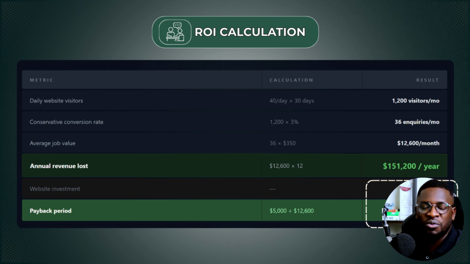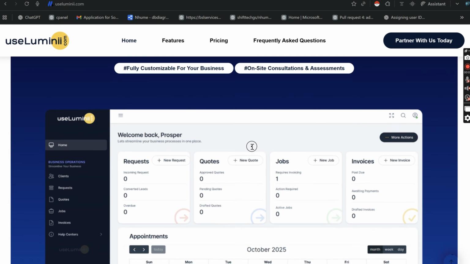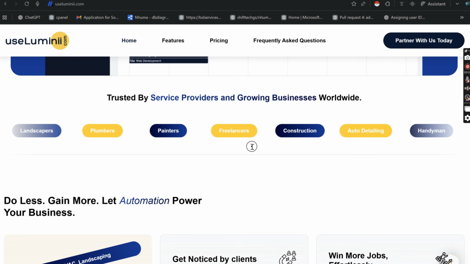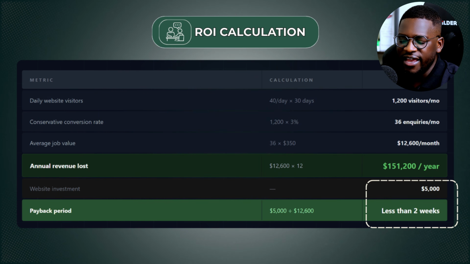After doing your job, you convert it to an invoice, and so forth, right? On this, we used our in-house CRM system called Use Lumini, which helps small businesses automate all these things. And for the work, we just charged them 5,000.